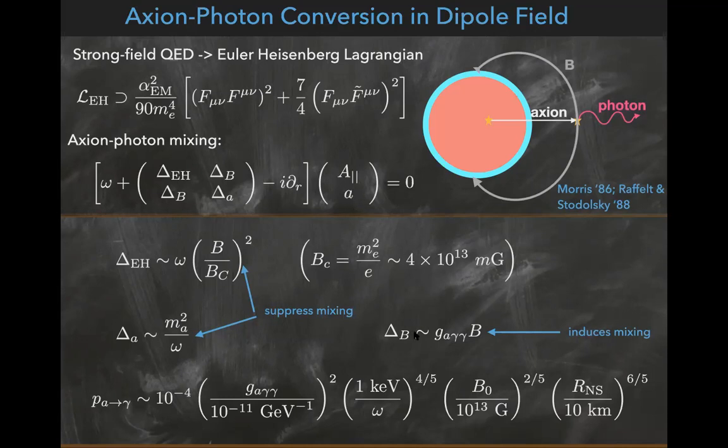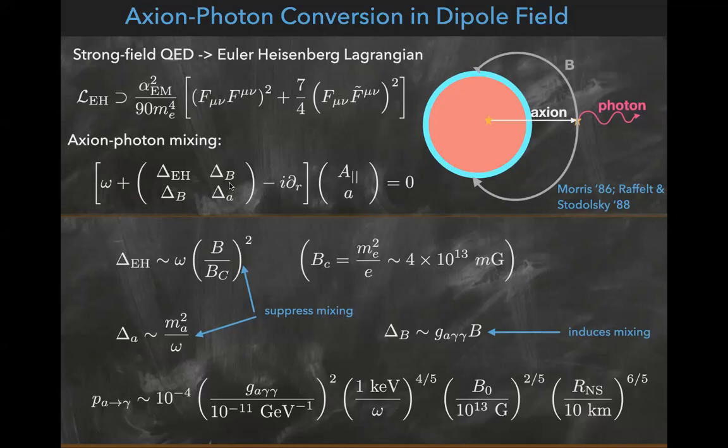So this induces mixing. However, you have these terms on the diagonal which suppress mixing. The delta A is simply the axion mass term, where Ma is the mass of the axion. And the delta Euler-Heisenberg is an effective mass term for the photon, which comes from the Euler-Heisenberg Lagrangian. So it becomes more important at stronger magnetic field values.